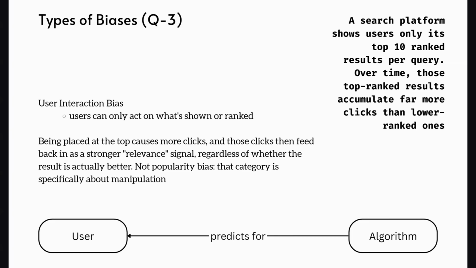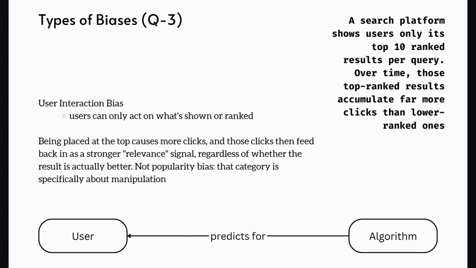Popularity bias always includes some kind of manipulation, some kind of adversarial behavior. So, for example, bots giving out reviews, some kind of manipulation. That is why I know this would be the question. I mentioned that it is not popularity bias because of this idea that it is specifically about manipulation.